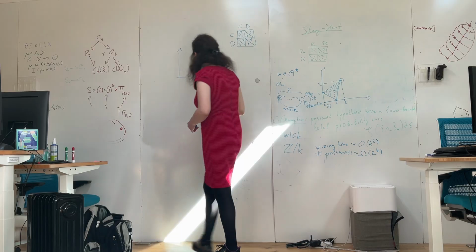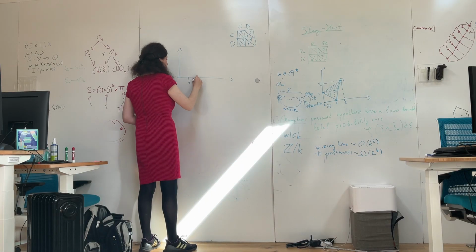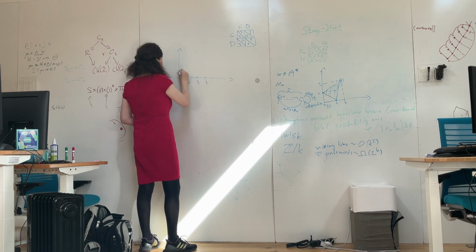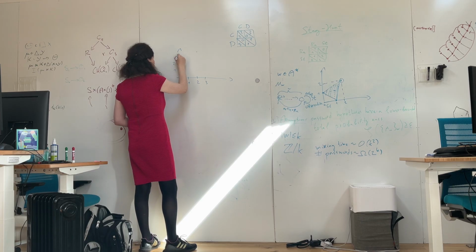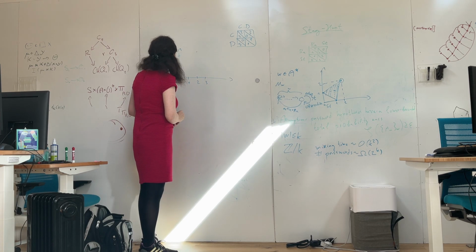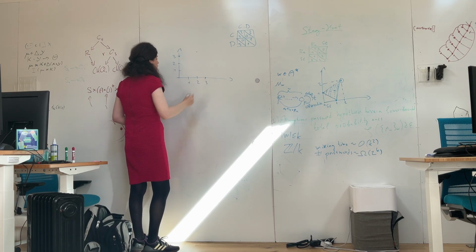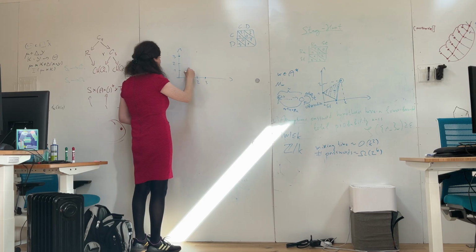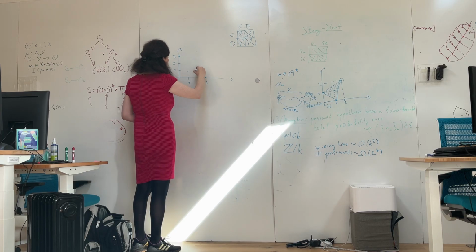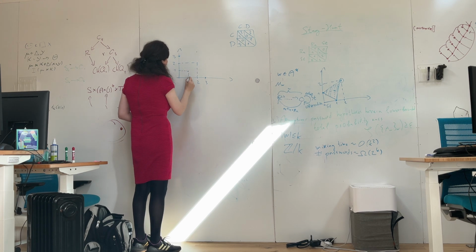So here it's 1, 2, 3, 1, 2, 3. We have the exploitation outcomes here, and the defect outcome here, and the cooperate here. So we get this quadrangle shape.